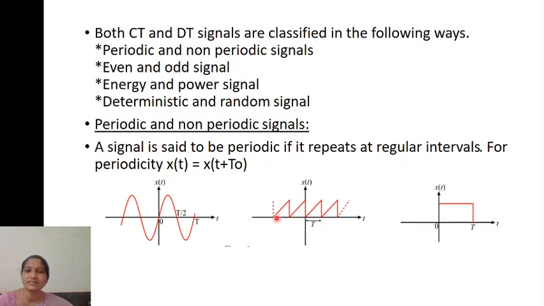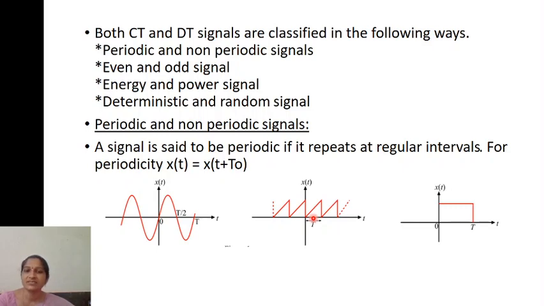Here also you can observe that for a time period t it is a sawtooth waveform and it reaches zero. After t again it is increasing and again reaching zero. Like that, for a time period t it is going to repeat. And you can observe this is a continuous wave. There is no breakage here. So these signals are called periodic continuous signals.